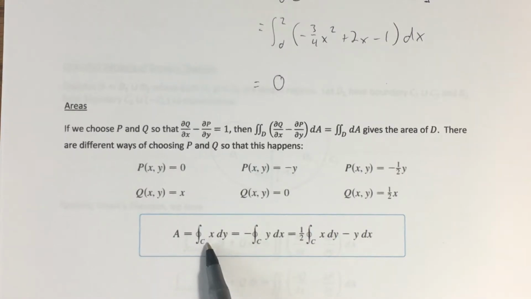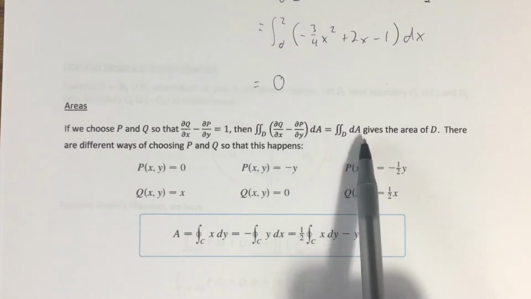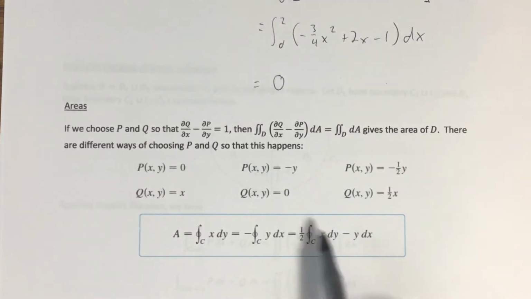So the line integral of x dy along that curve C, that closed curve that bounds the region D, would give me the same thing as this, which is an area in this case. These two formulas work as well. So what I'd like to do is an application of this, just showing that this does in fact give us an area that we would expect to see.